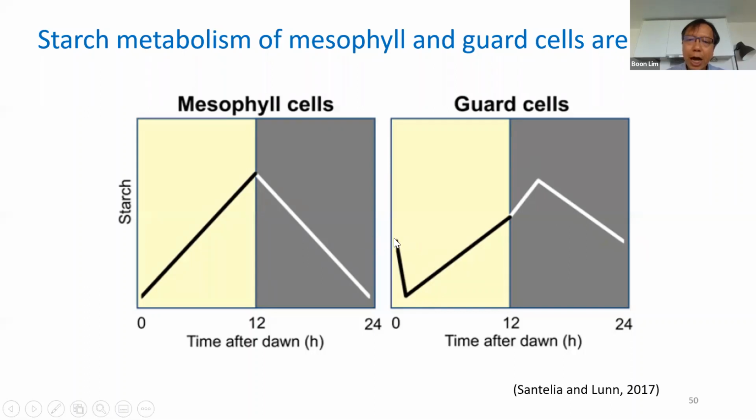And in the first hour, when the light is turned on, the starch will break down. Okay, you can see starch increase here. But for the guard cell, in the first hour the starch will break down, and then it will be synthesized. So this is very different from the mesophyll. And so what happened here? Why does starch break down and then increase? And what are the energy and carbon sources for guard cells?